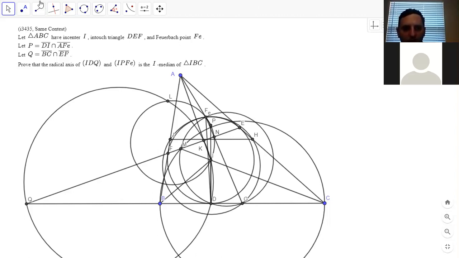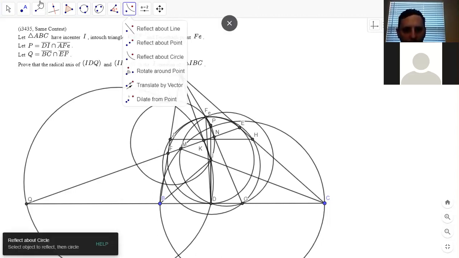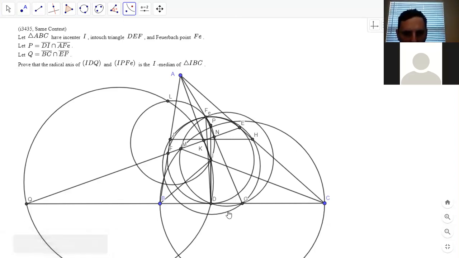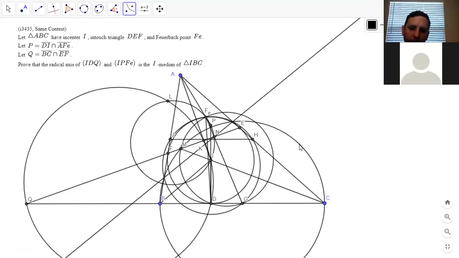That's a good question. The image of the 9-point circle. I think that's, yeah, the 9-point circle. It's a line through N. It's kind of interesting. So you have a couple more concurrencies here.